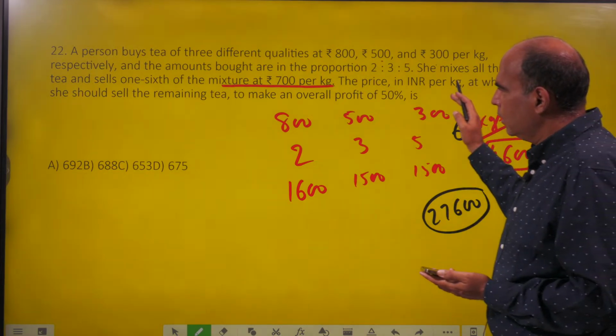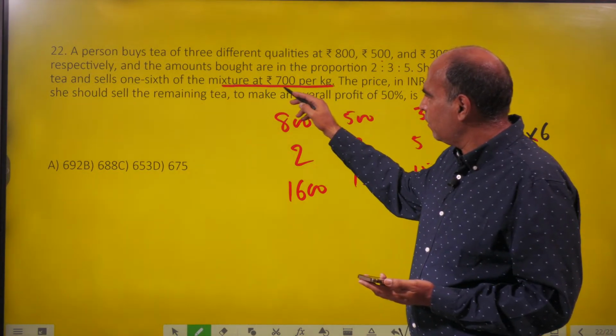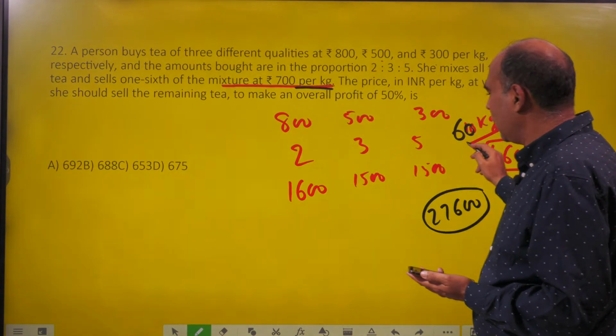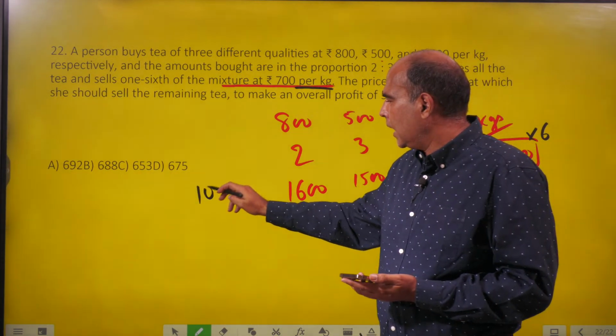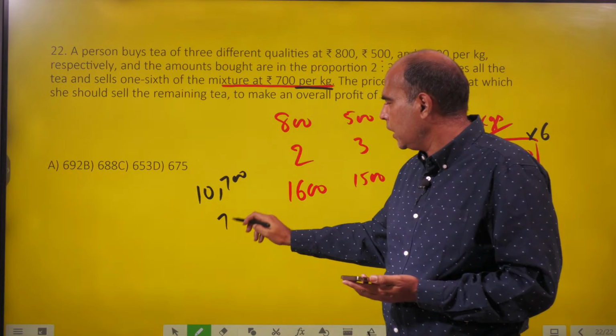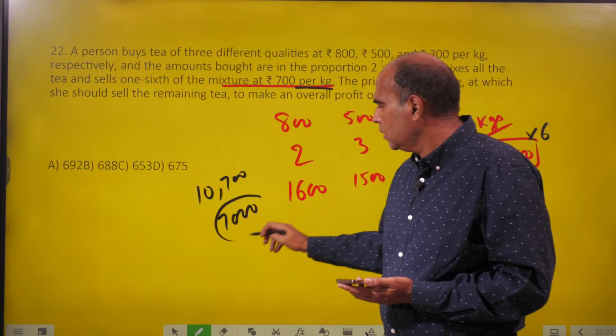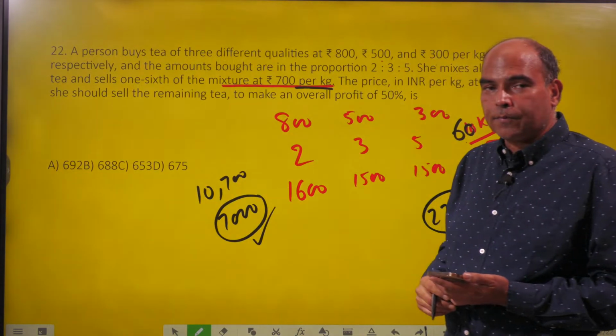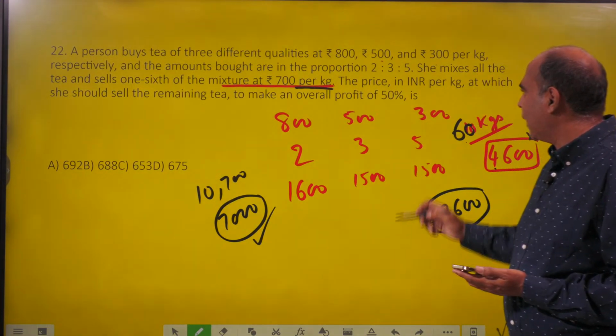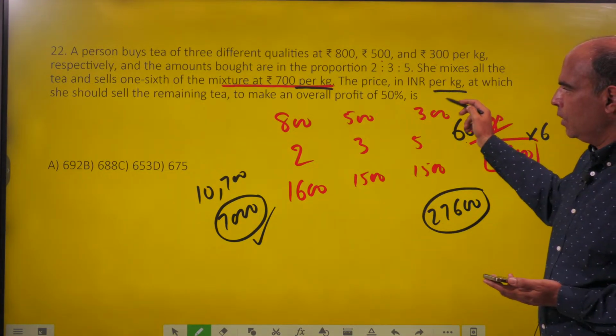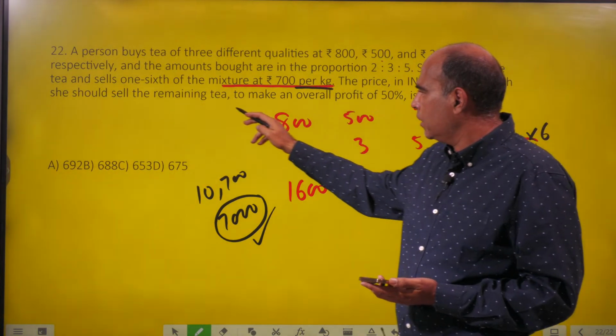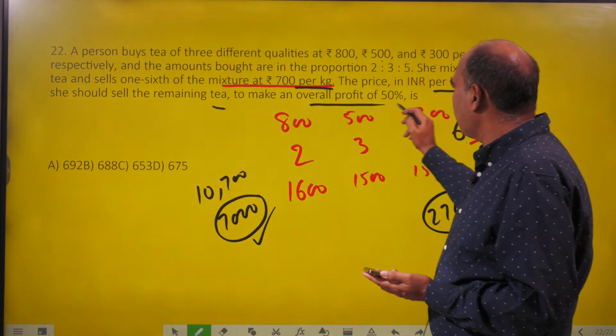Now she sells 1/6 of the mixture at 700 per kg. So she is selling 10 kgs of the mixture at 700 per kg. So she is creating a value of 7,000 rupees. That's the revenue she is getting. The question says, the price in INR per kg at which she should sell the remaining tea to make an overall profit of 50%.